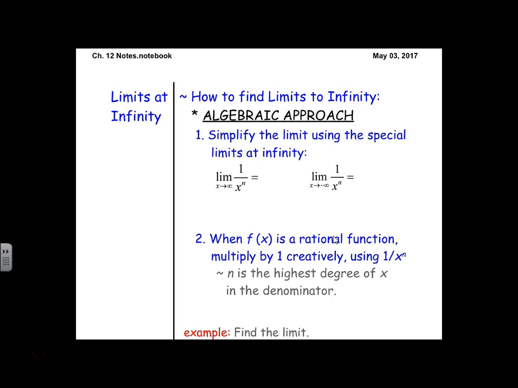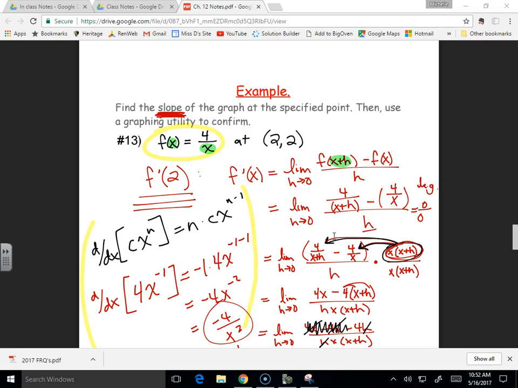Okay, the calculus approach to why the degree tests work and why the degree tests are what they are. Long story short, grab your graphing calculators, and I want you to graph 1 over x, 1 over x squared, and 1 over x cubed.